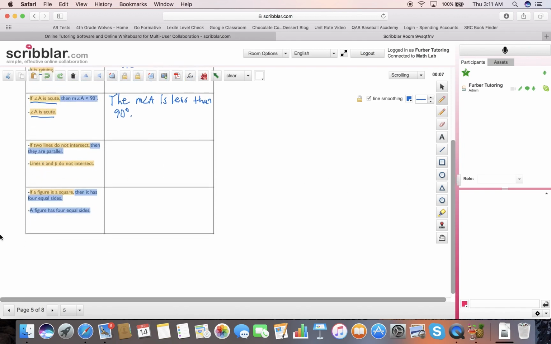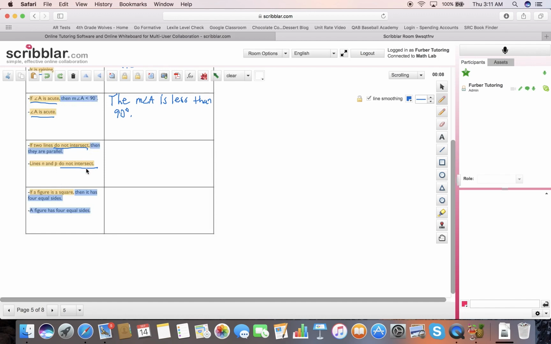If two lines do not intersect, then they are parallel. Now look at what it gives us. It gives us a specific example, so it's a little different, but it still kind of matches. Lines N and P do not intersect. Where does it say that up here? In the hypothesis. If two lines do not intersect, then they are parallel.